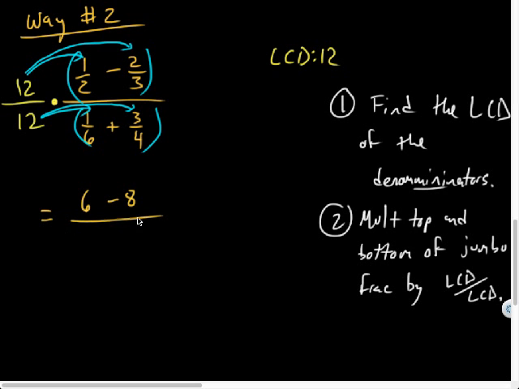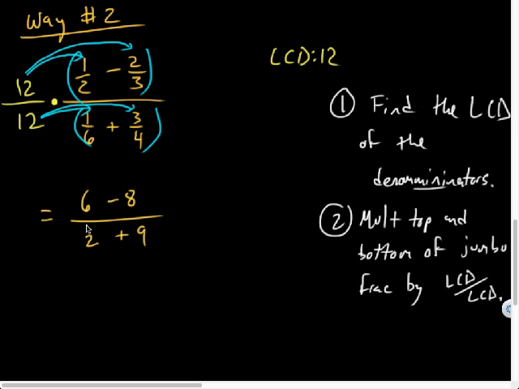So notice I've killed the fractions up top, not unlike our techniques of fractionicide from back in the day, mind you. Let's see, 12 divided by 6 down here is 2, and 2 times 1 is 2. And 12 divided by 4 is 3, times positive 3 is 9.